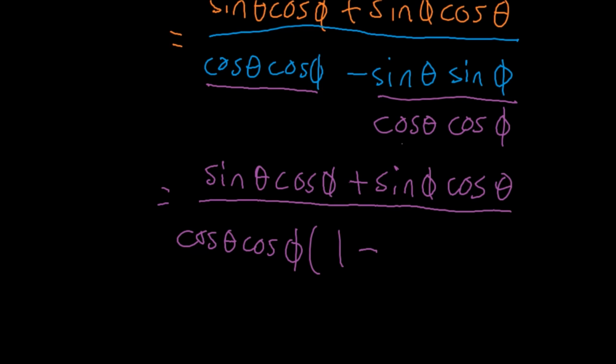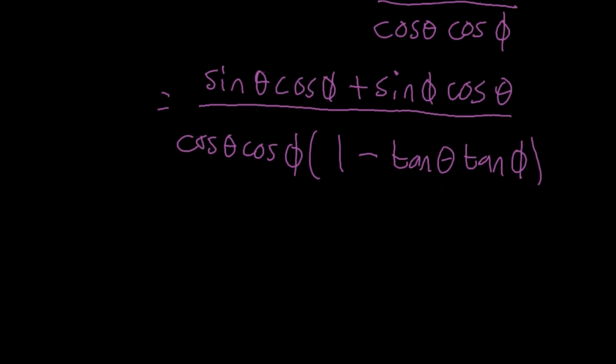I screwed that up. The sine theta and the cosine theta make a tan theta, and the sine phi and the cos phi make a tan phi. Now all we have to do is divide this term to each of them. So let's look at them separately, this one in blue and this one in green.